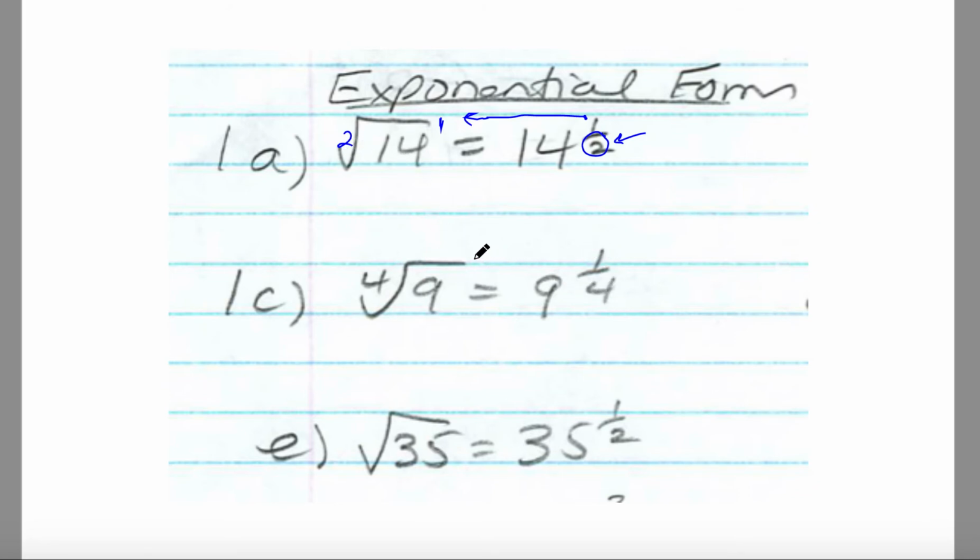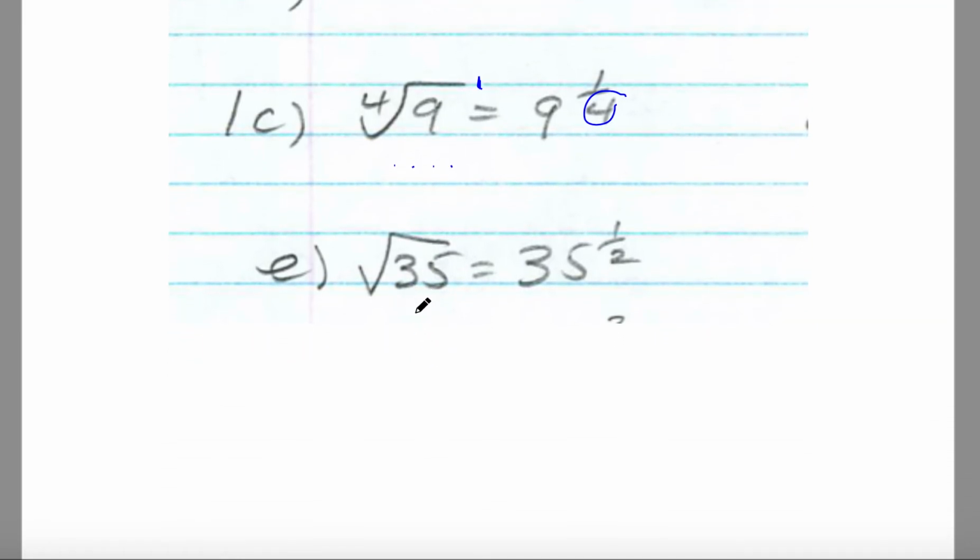The 1 can stay up here, but this 4 means that that's actually the 4th root of 9. So it's saying that there's this number, probably a decimal, that multiplies by itself 4 times to give you 9. And this, if you see 35, the square root of 35 is the same thing as 35 to the 1/2, because we imagine there's a little 2 there and a little 1 there, which the 1 doesn't really change anything.